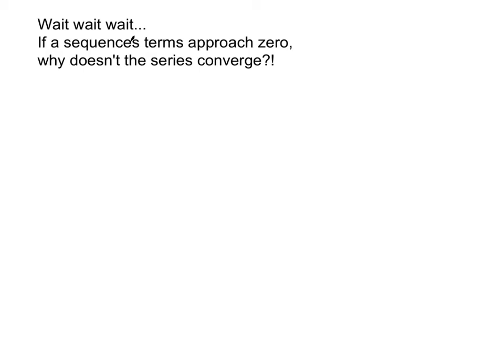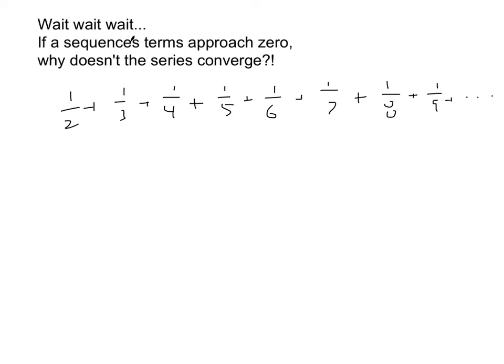But what if I had a series that was getting closer and closer to 0? What if I had a series like 1/2 plus 1/3 plus 1/4 plus 1/5 plus 1/6 plus 1/7 plus 1/8 plus 1/9? And these terms are definitely getting smaller, right? The important thing is, I am adding up infinitely many terms that are getting closer and closer to 0.